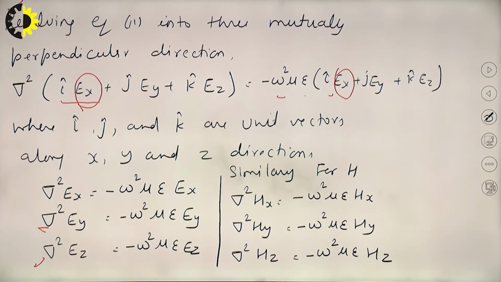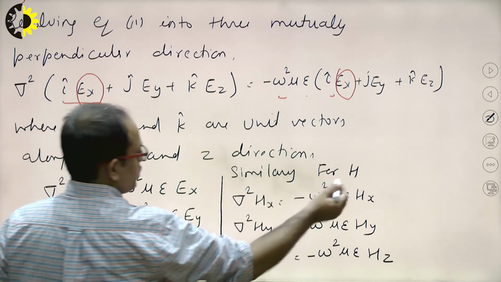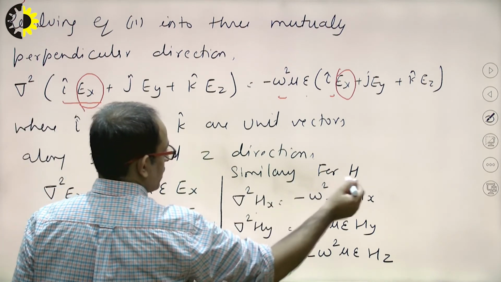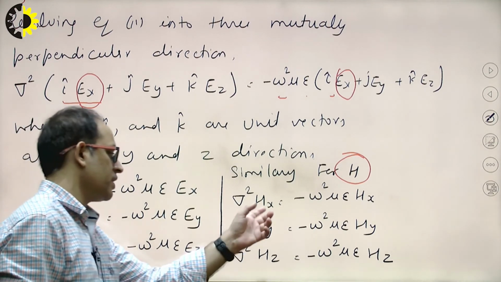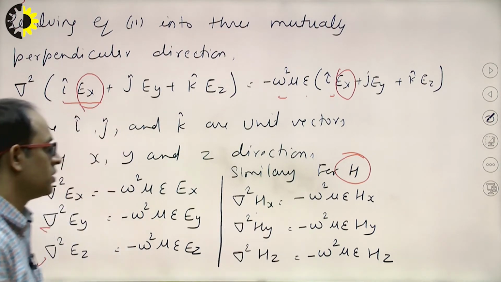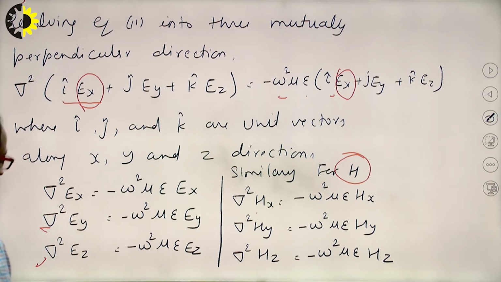Now similarly we can find the equation for the magnetic field components Hx, Hy. How can we calculate it?